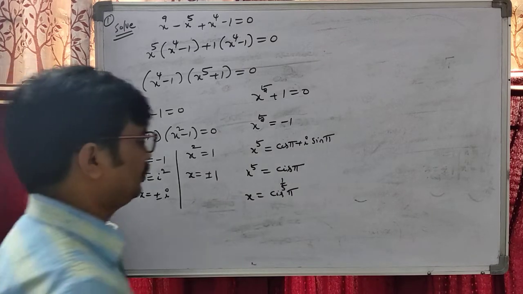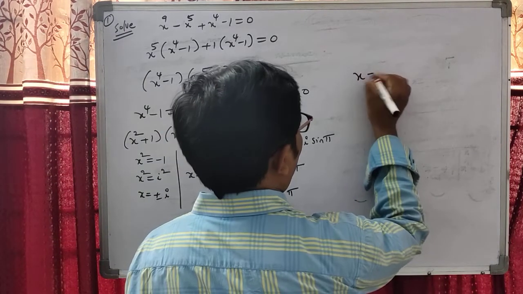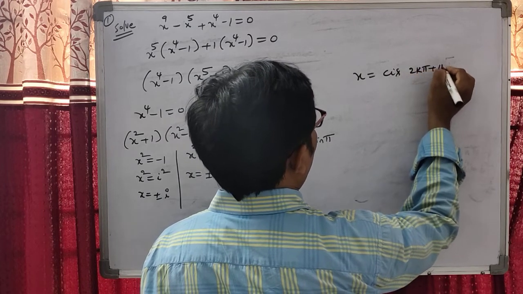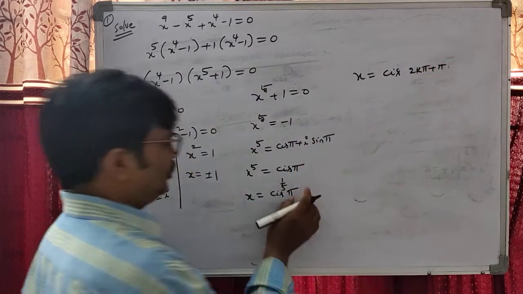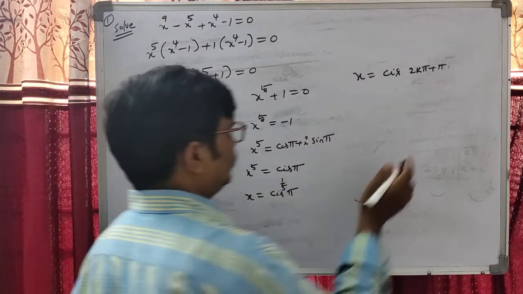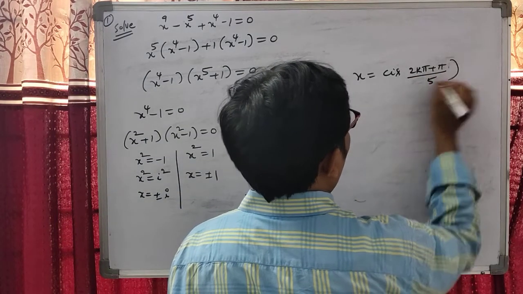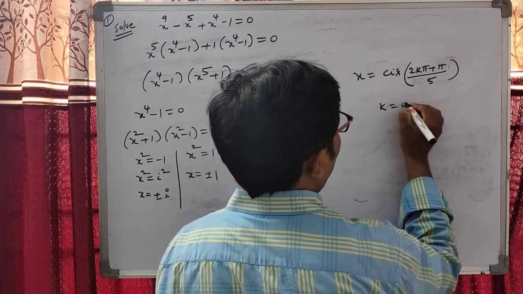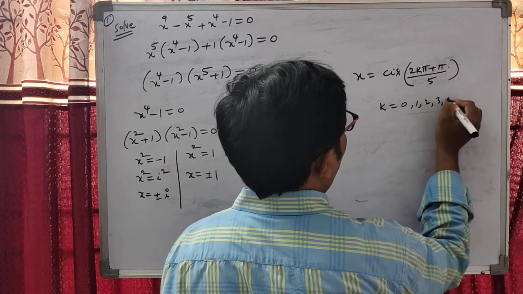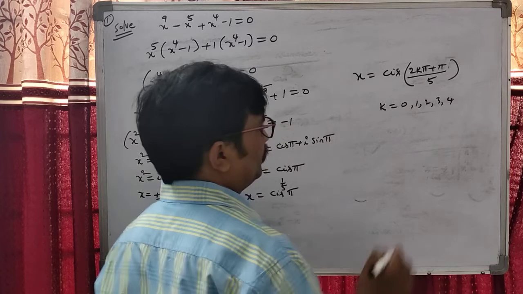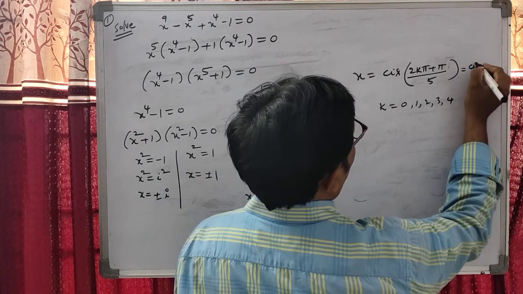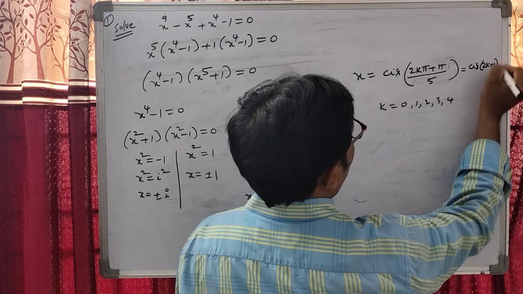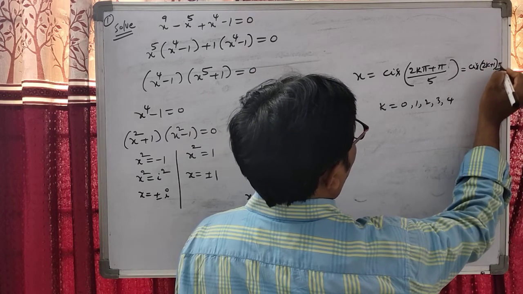So just now, students, we discussed cis of 2k pi plus pi upon 5, where k equals 0, 1, 2, 3, 4. So how can you write this? Cis of (2k pi plus 1 into pi) by 5.